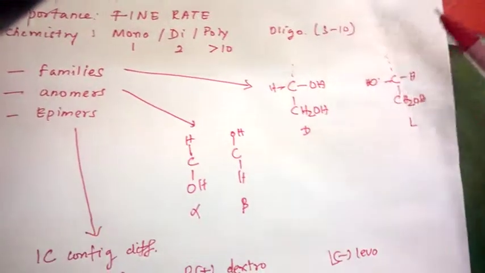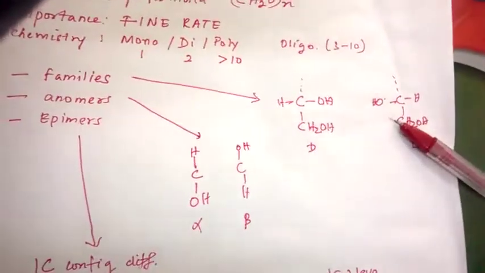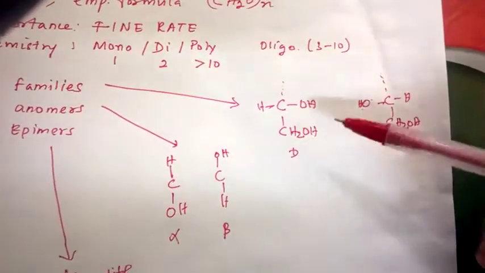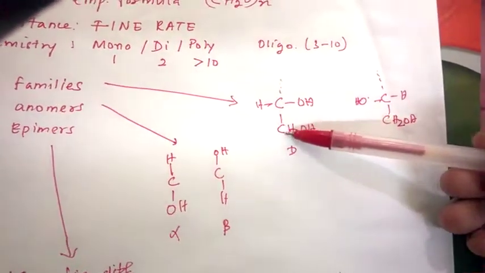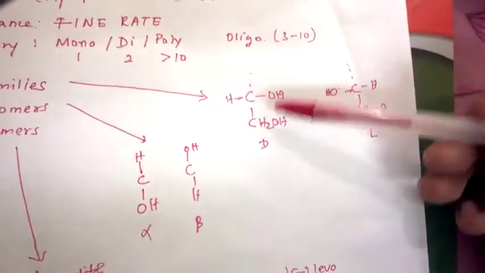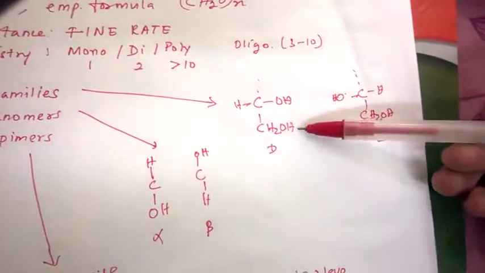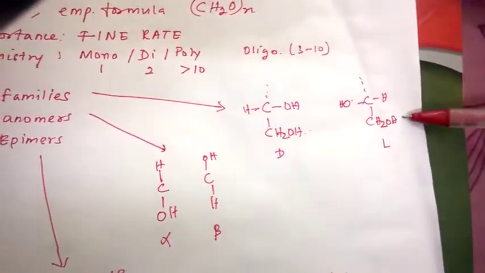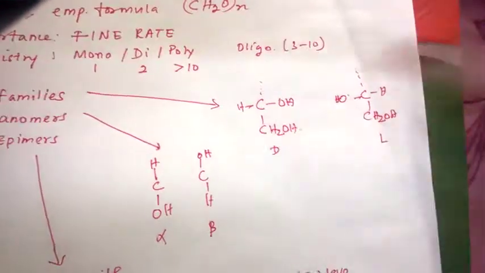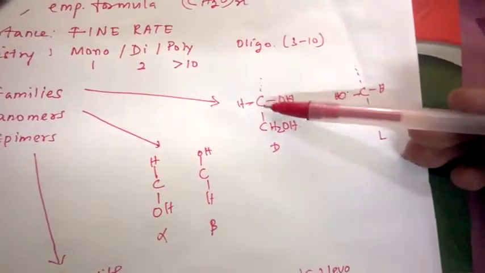Now, families. You're going to have two families, D and L. Now here, this is just a carbohydrate molecule, this CHOH, this is the terminal group. You can see this is the terminal carbon. The carbon just before that is the penultimate carbon.